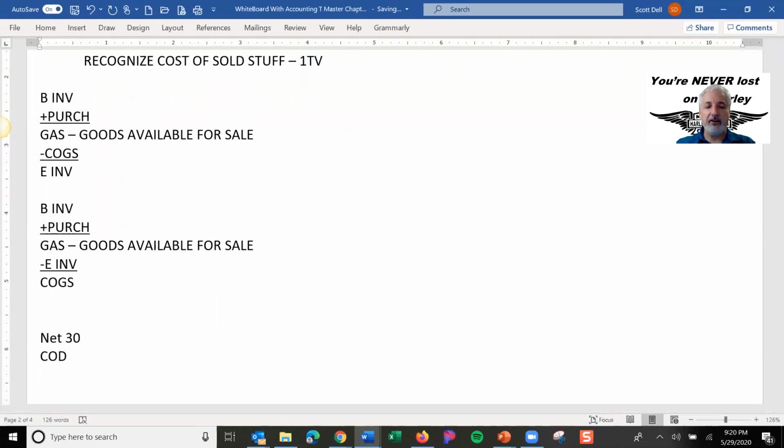But then you might see something funky like 2/10 net 30. Well, it means if you pay in 10 days, you get to take 2% off the price. You paid a net of 98% of what the original bill was. If you wait to 30 days, you pay the balance at full rate. You're not getting any discount.